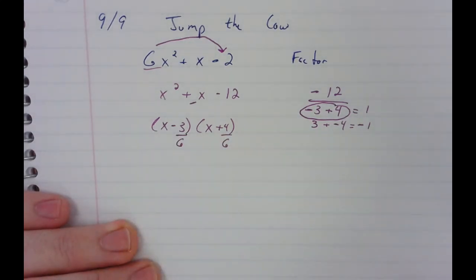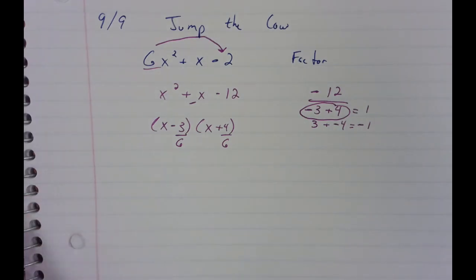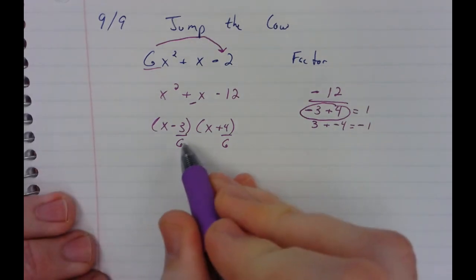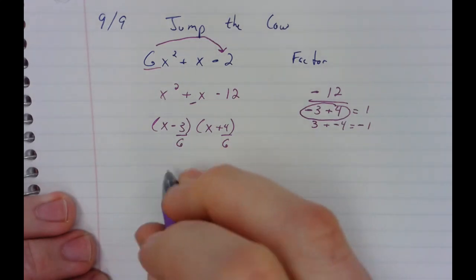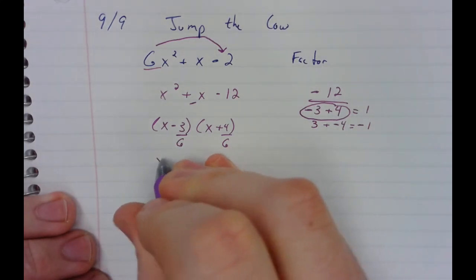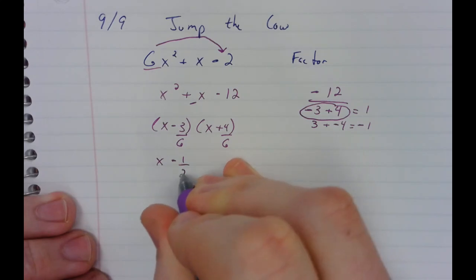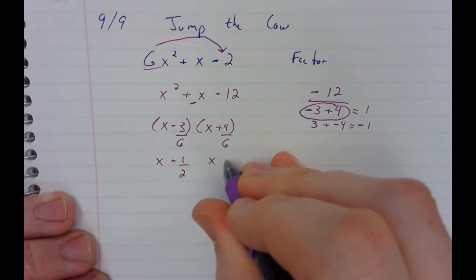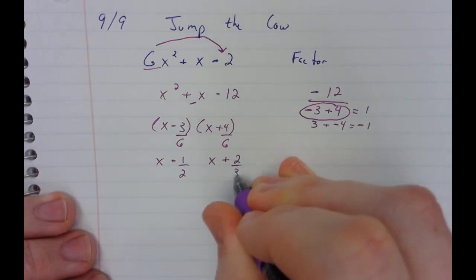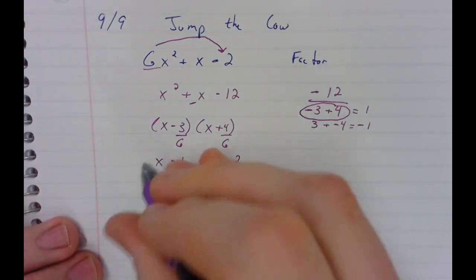Now the first thing I have to do, this is incredibly important, is I have to reduce these fractions. So here, x minus 3 over 6 is going to become x minus 1 over 2. And then x plus 4 over 6 is going to reduce to x plus 2 over 3. You must reduce these fractions.